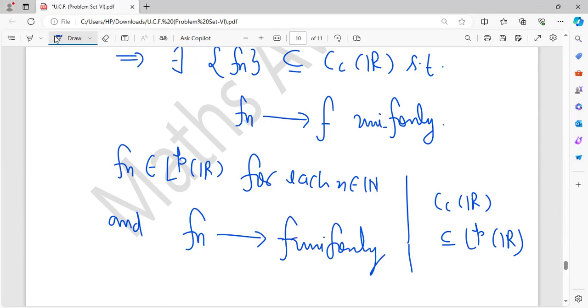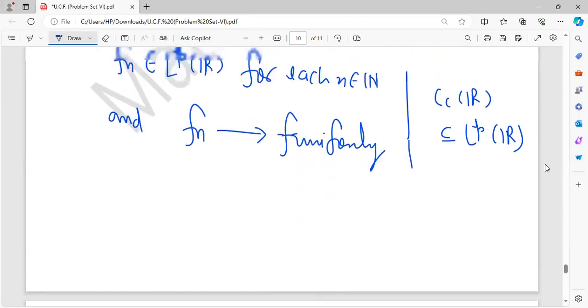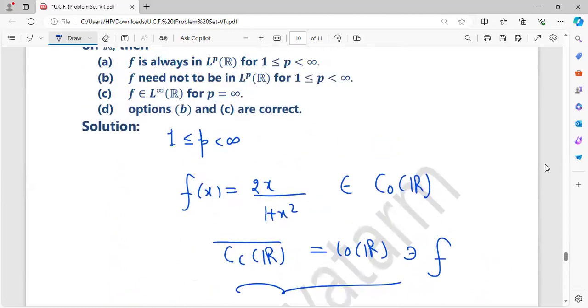Now you see that in place of this function you can take the absolute value here. Still it belongs to C0(R).